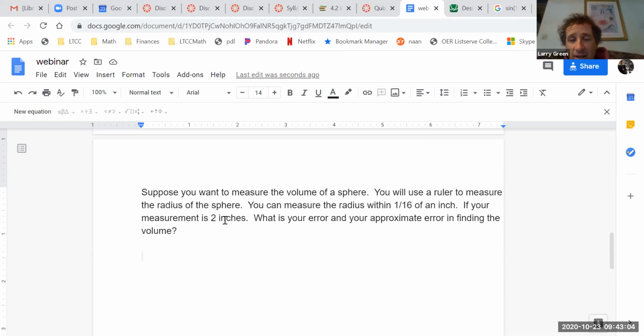What's your best guess at the volume, given that you just measured it 2 inches for the radius?